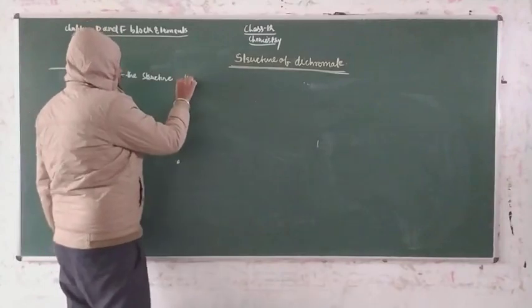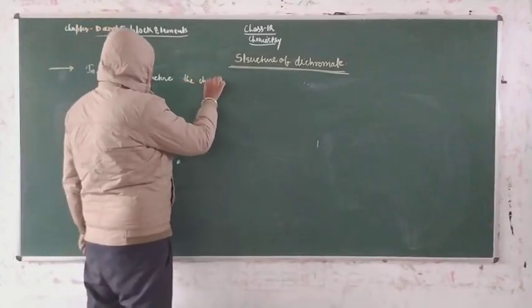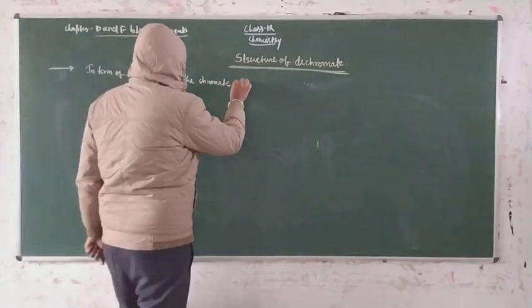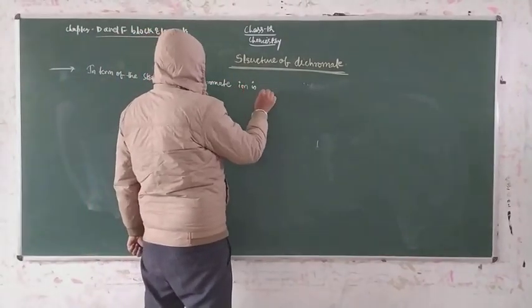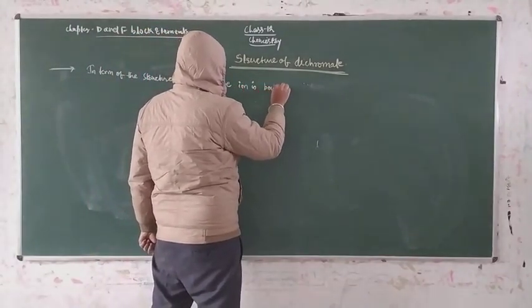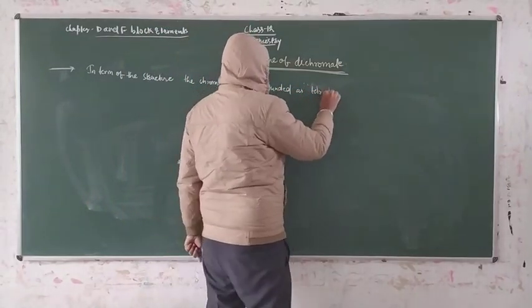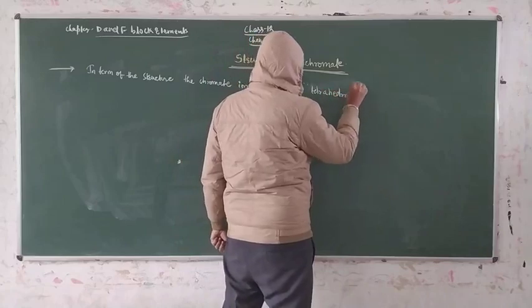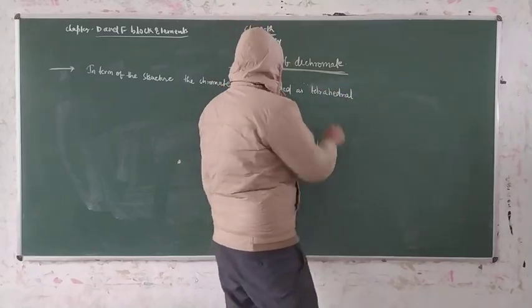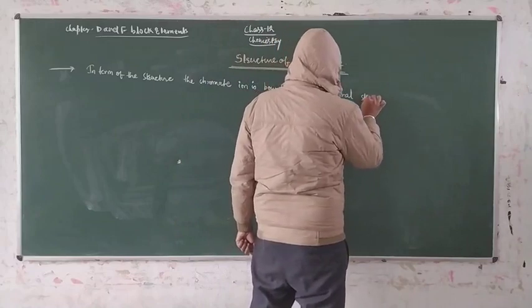So guys, our point starts from here: in terms of the structure, the chromate ion is bonded as a tetrahedral structure.